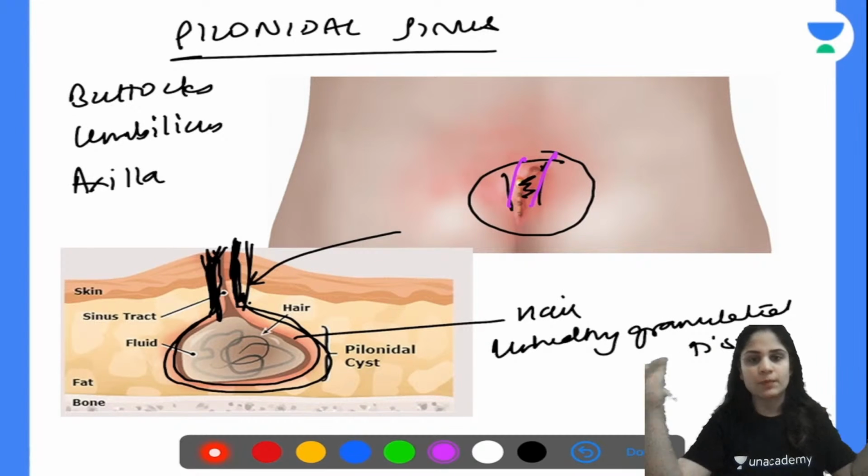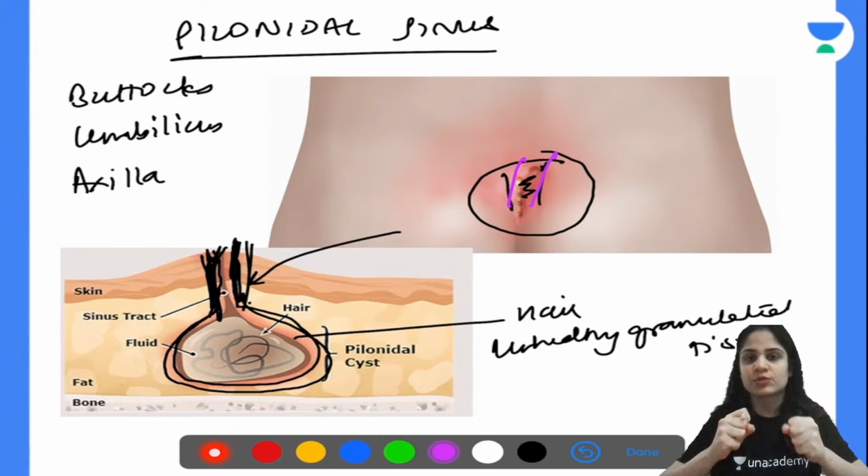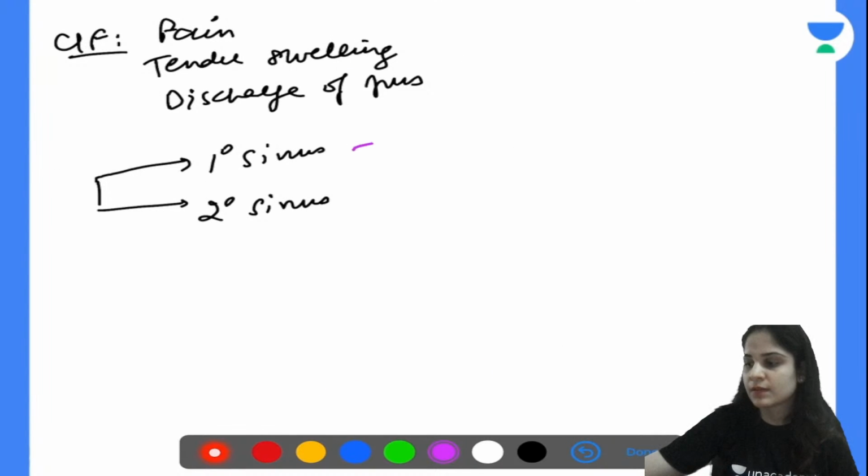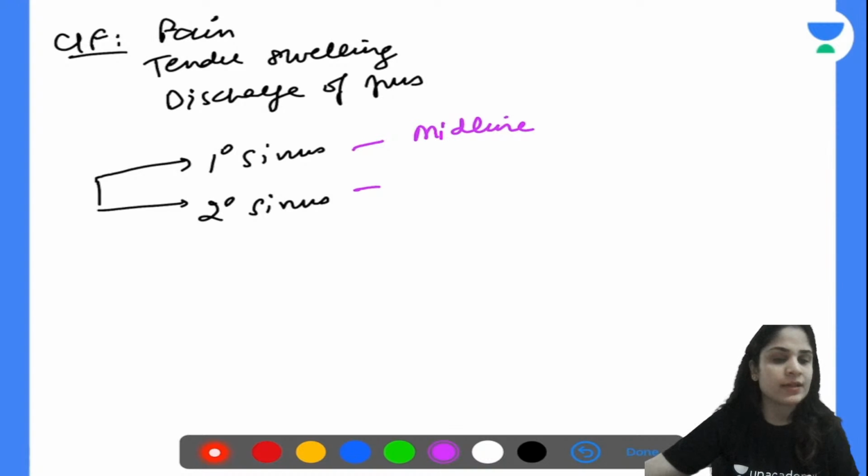The secondary sinus is formed because of negative pressure and absorption of more and more hair into the tract. Your primary sinus will always be in the midline, in the intergluteal cleft, and your secondary sinuses will be at the side, in the paramedian position. That is how you can identify between primary and secondary sinus.